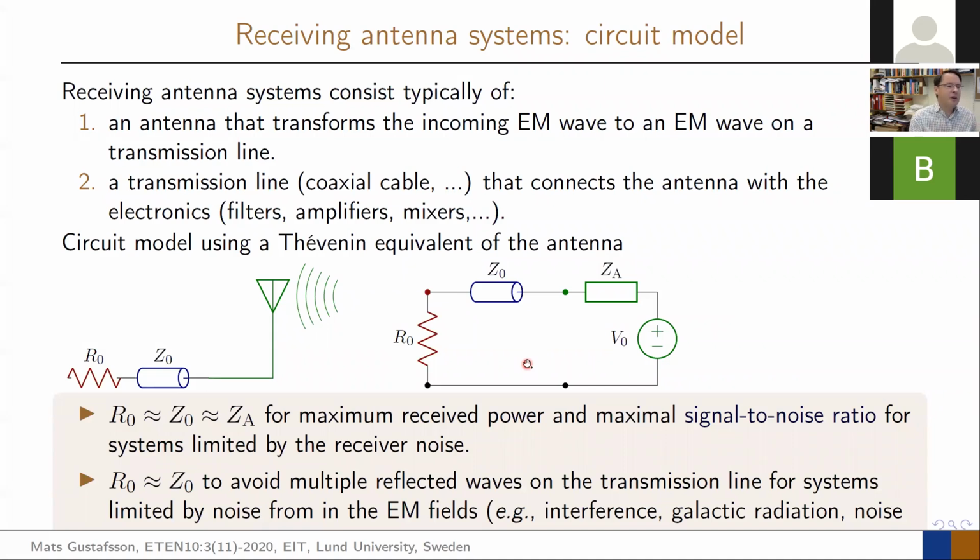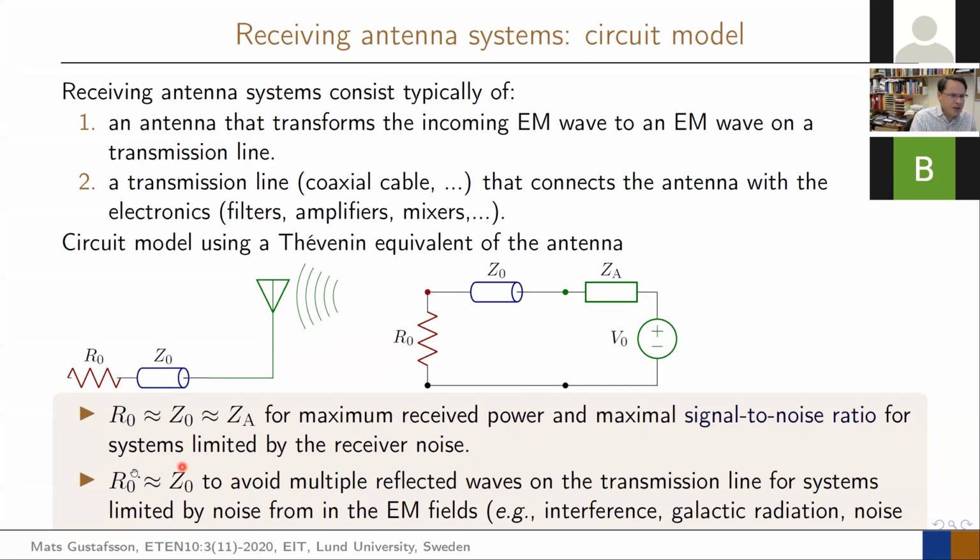And you have the same thing here again: to get the maximum received power, we need to match this transmission line with the antenna. And now you should, of course, have maximum received power, or maybe even better, maximum signal to noise ratio. So that is what we would like to have.